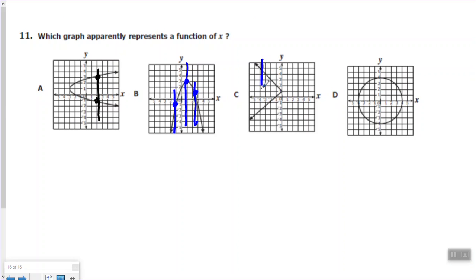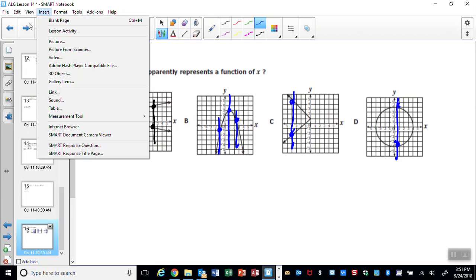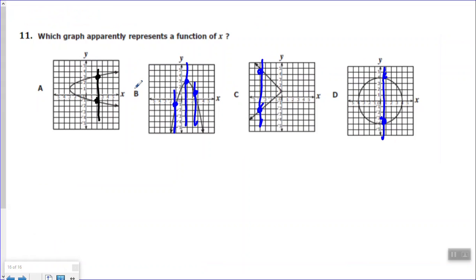For the first one, if you draw a vertical line, it hits the graph twice. And D, if you draw a vertical line, it hits the graph twice. So these are not functions. So the answer has to be B. B is the correct answer. A, C, D cannot be functions because when you do the vertical line test, it hits the graph twice.